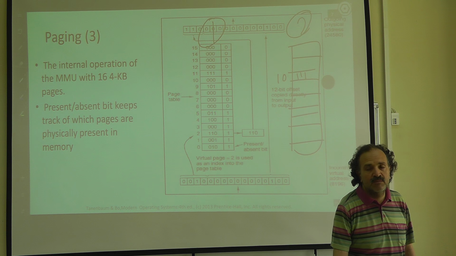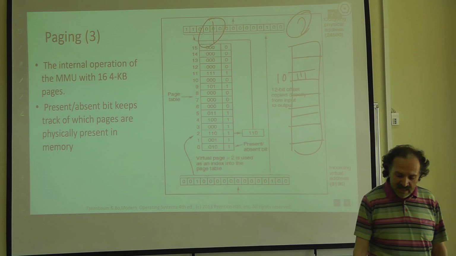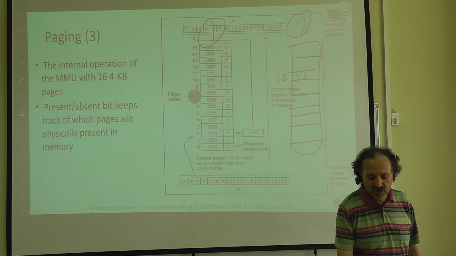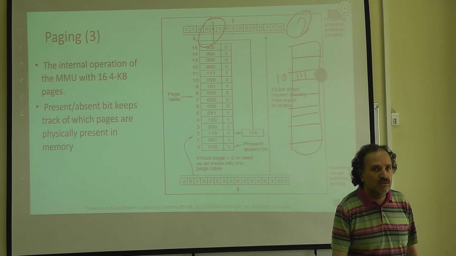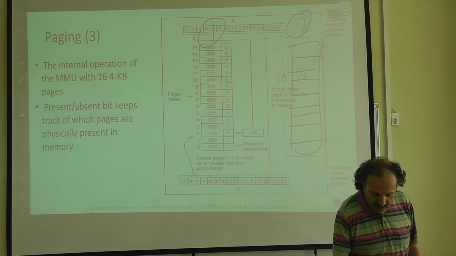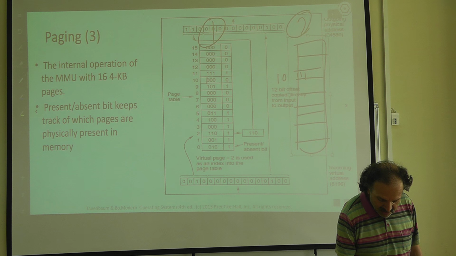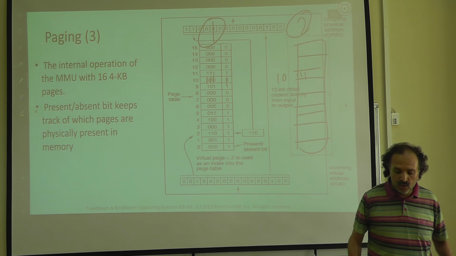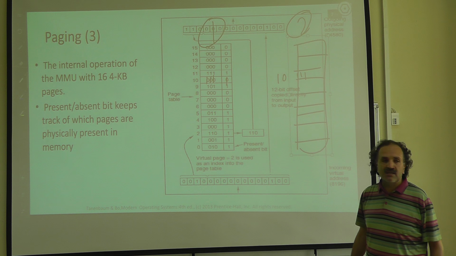So it's a page fault for this page table, but the page I am looking at is actually in the memory. All I need to do is get this number from here, write it here, and mark this as 1. So two processes are sharing the same page.